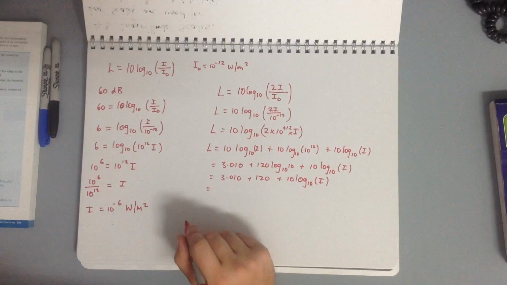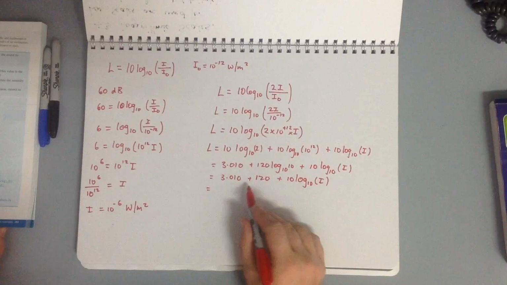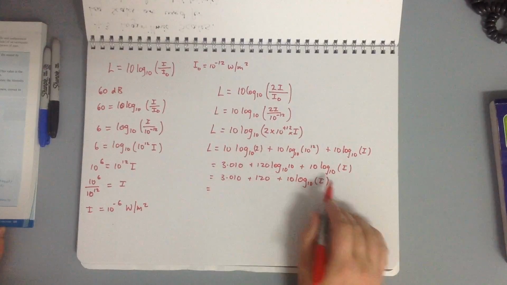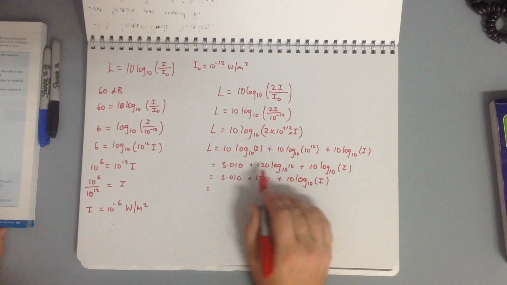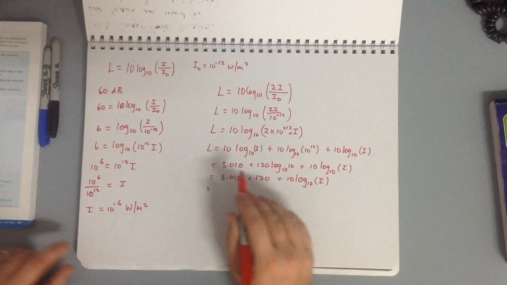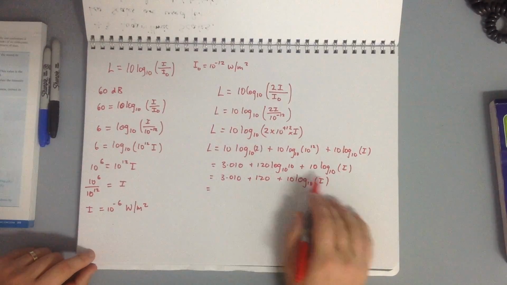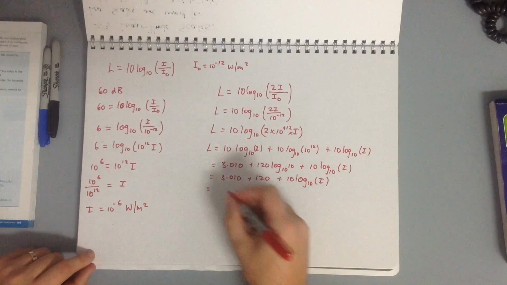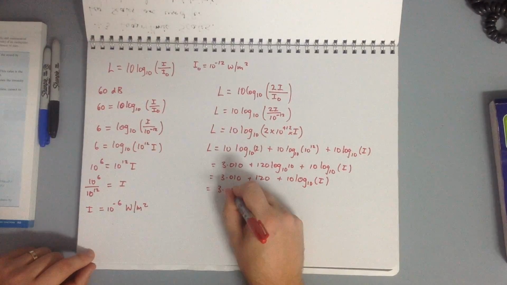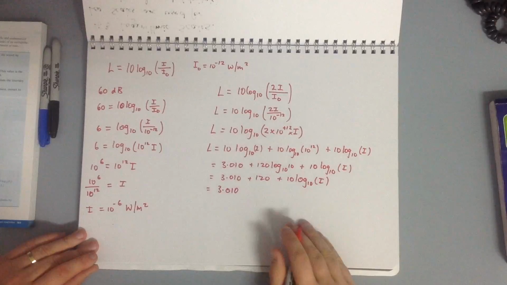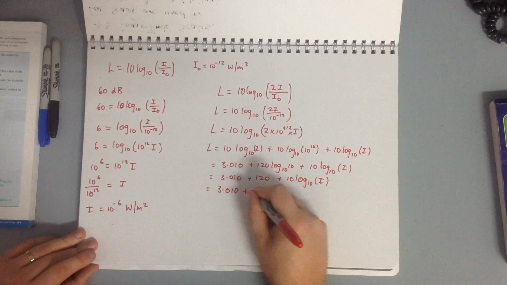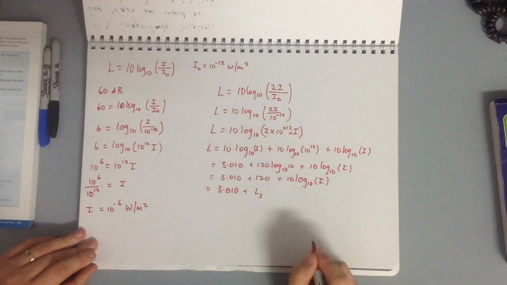So we're getting there now. What we know is this bit here is really our original loudness. So really we've got 3.010 plus our original loudness.